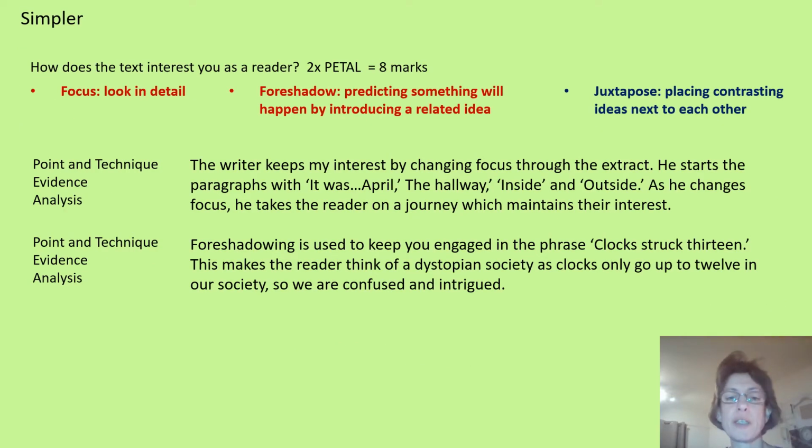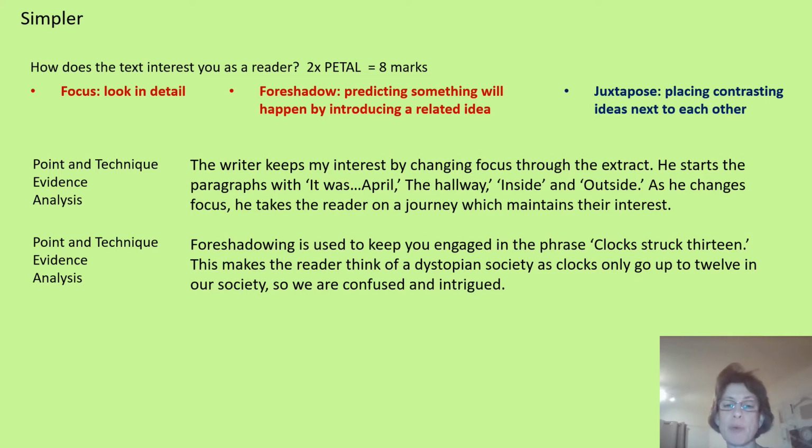We chose in each model answer to write about how the focus changes and secondly the foreshadowing. So the writer keeps my interest by changing focus through the extract. He starts the paragraphs with "it was April," the hallway, inside and outside. As he changes focus, he takes the reader on a journey which maintains their interest.